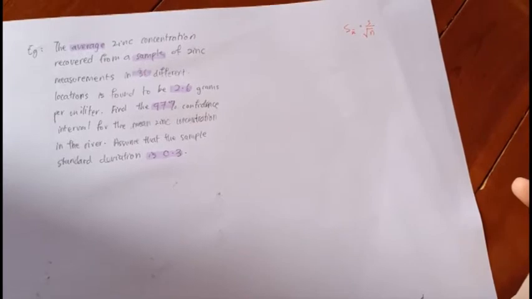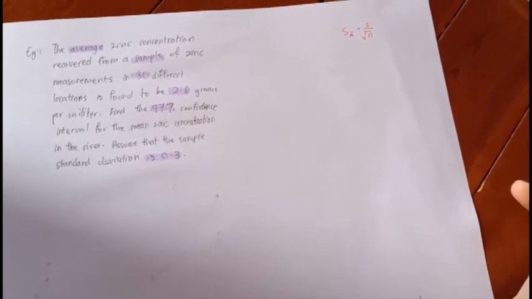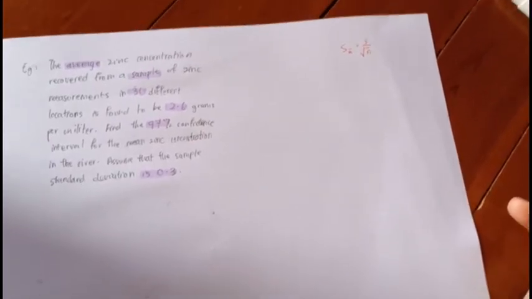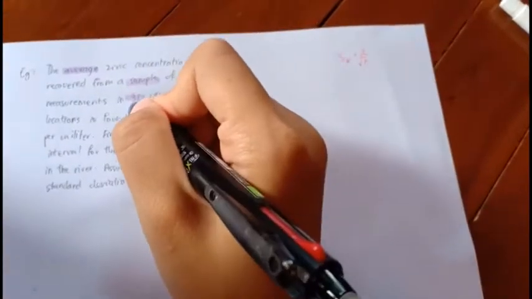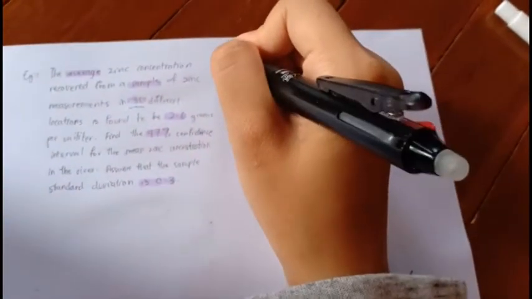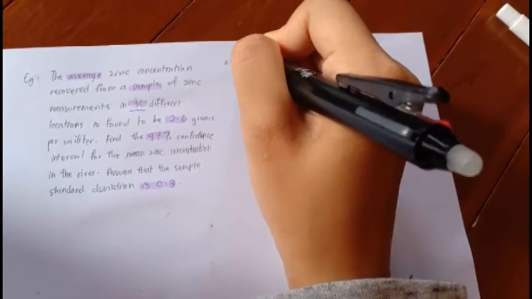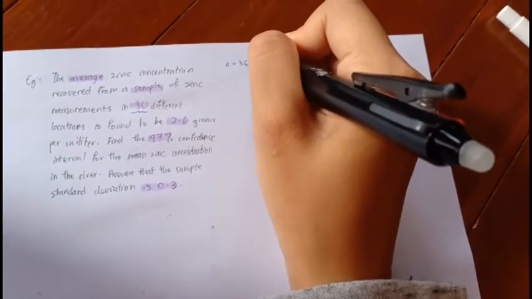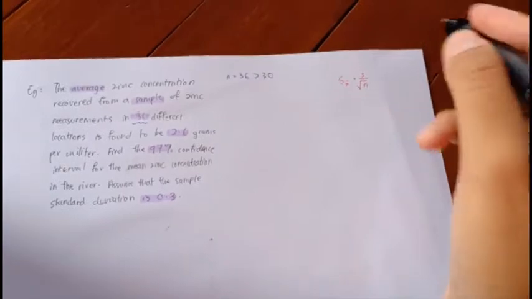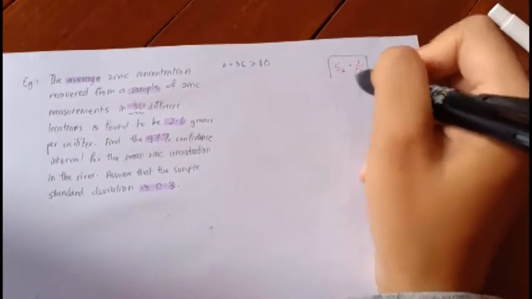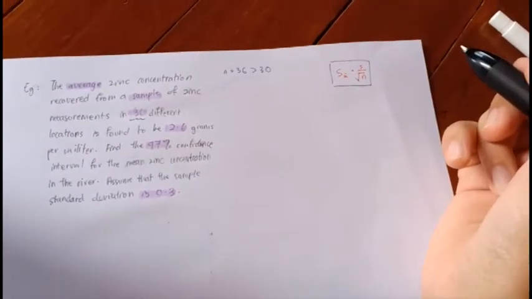Assume that the sample standard deviation is 0.3. Since the sample size is more than 30, we will use this formula to find the population mean.